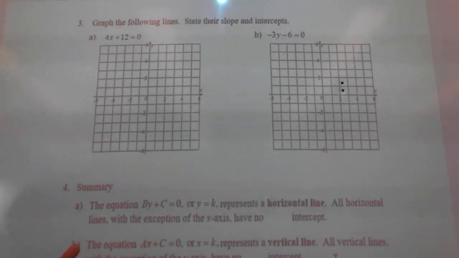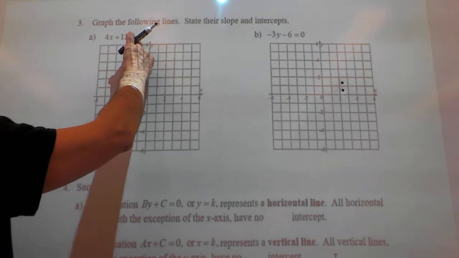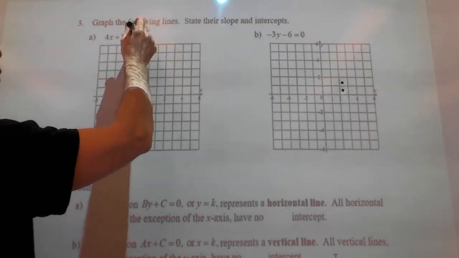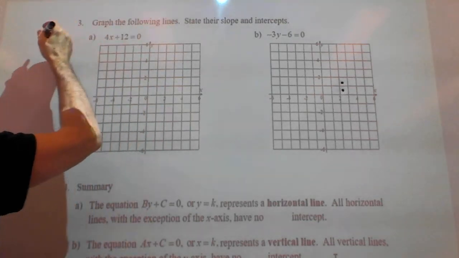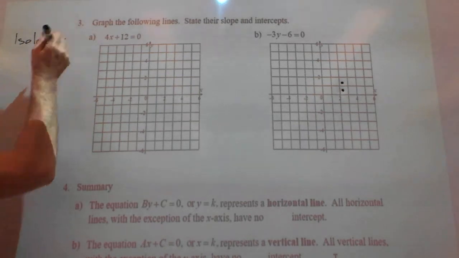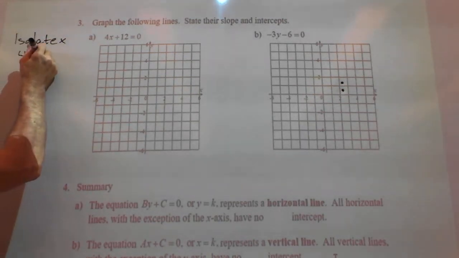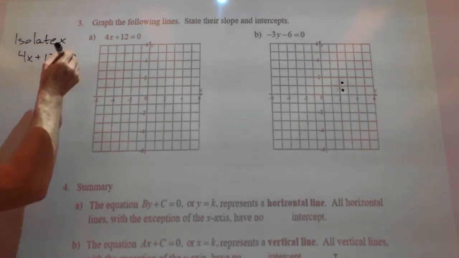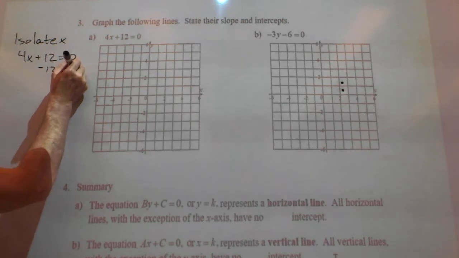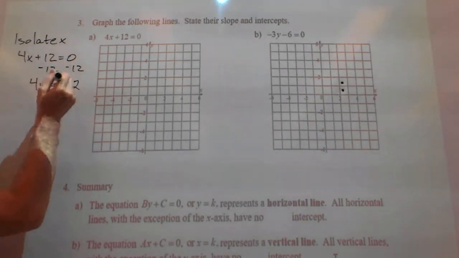So, for example, in this particular one, we have 4x plus 12 equals 0. When we isolate x, that's your first step. Subtract 12 from both sides. 4x equals negative 12.